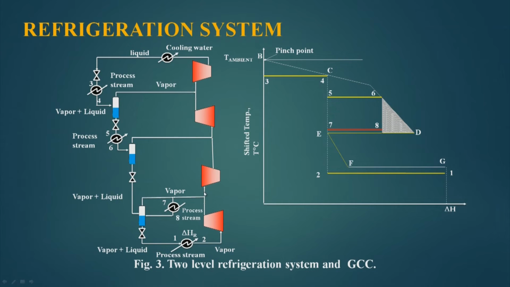Now, whatever vapor goes here, they are compressed, they are sent upwards to this compressor, and the vapor from here mixes here, this compresses, and the output of this compressor goes to here, and vapor comes from here, they add together and go to here, and it compresses.